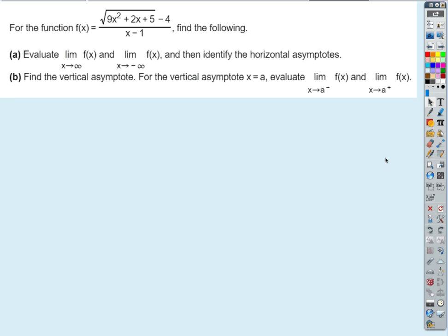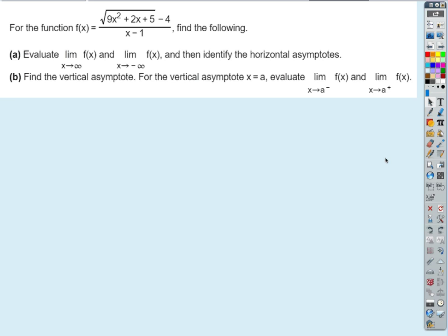Not a big deal, but there's some really good review in that. First of all, it forces you to review division of polynomials, synthetic division and long division, which are both really big items. You probably haven't done a lot of that over the summer, so we might want to review that a little bit. But we'll get there when we get there.